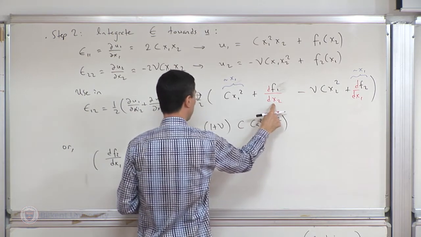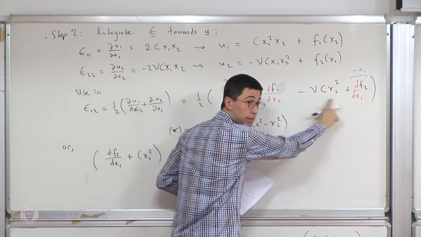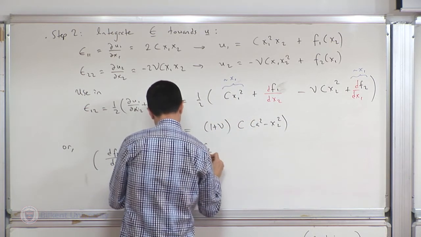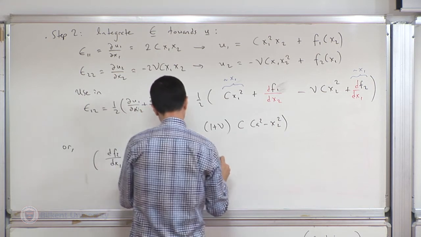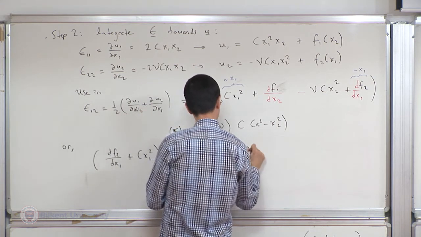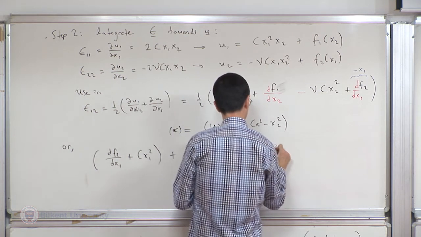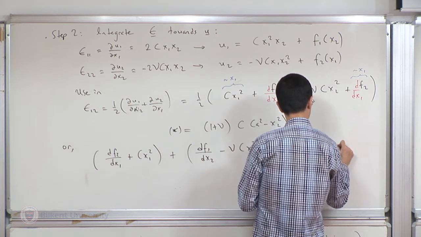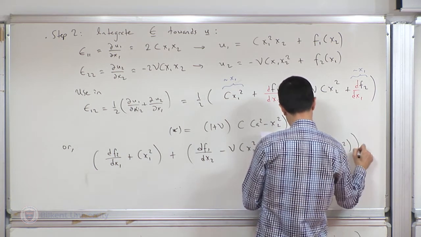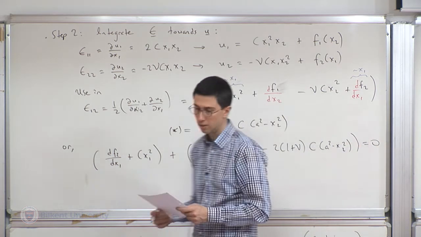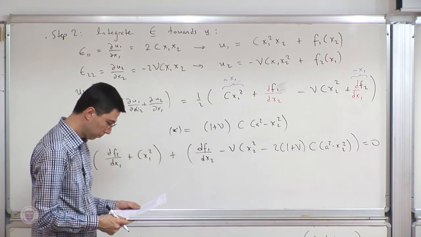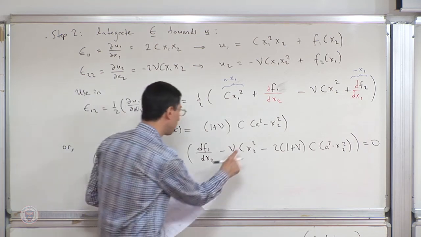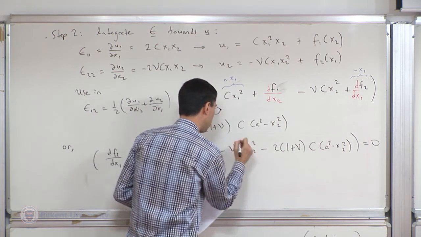For instance, that term and that term and that term: df1 over dx2 minus nu c x2 squared, plus nu c a squared minus x2 squared. I hope you do not confuse c's with parentheses.